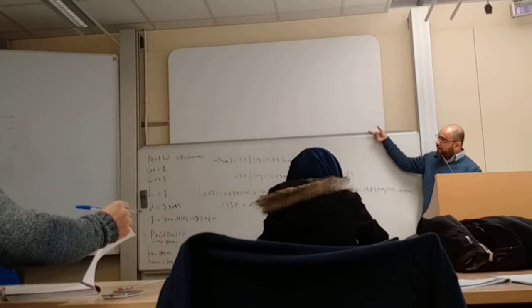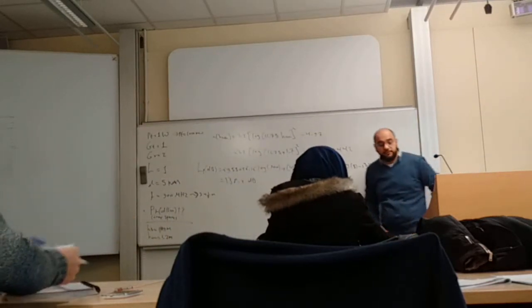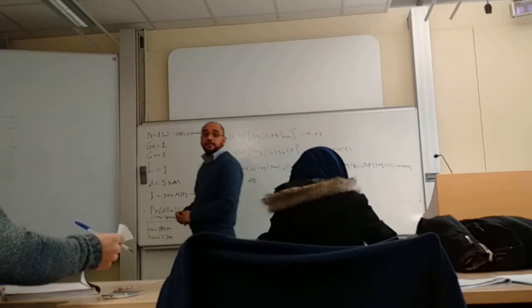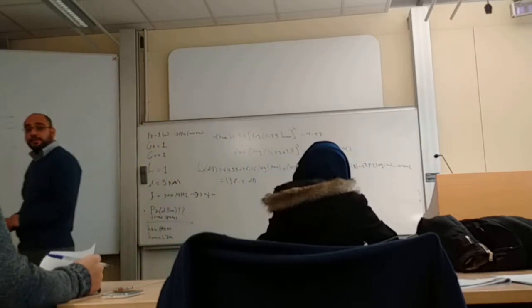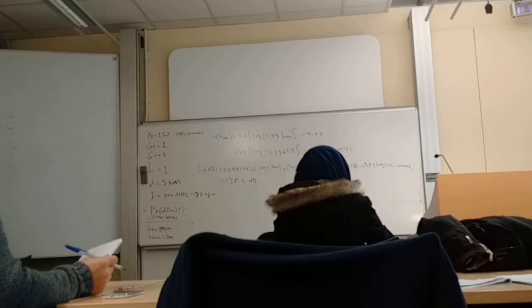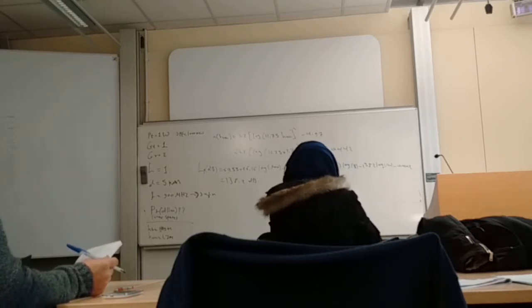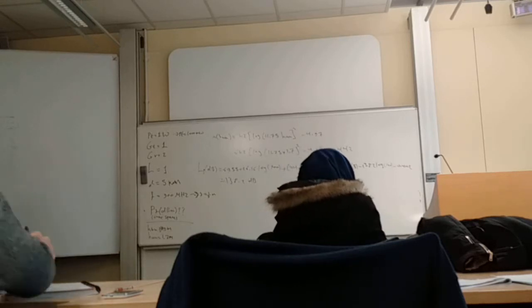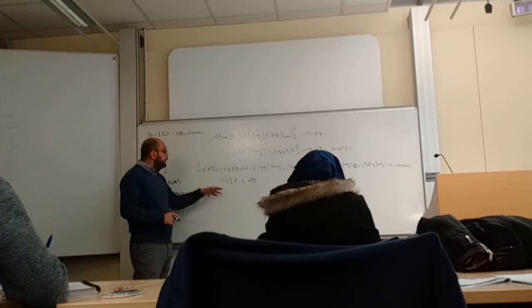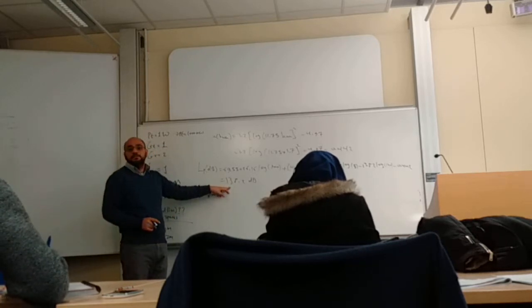Okay. So what is the loss in this large city? 138. What was the loss in free space at the same distance, basically? 102.5. So now the loss has increased from 102.5 to 138.